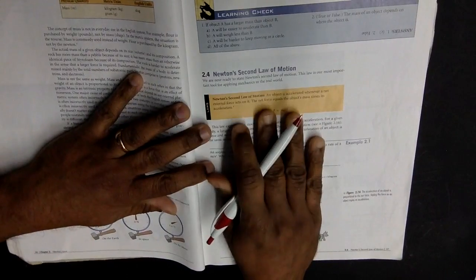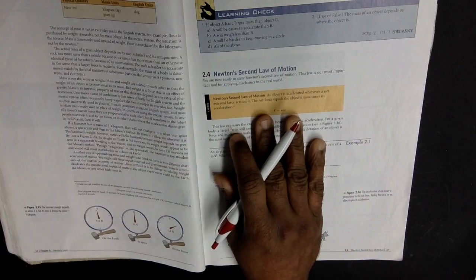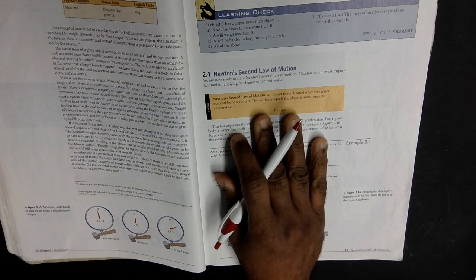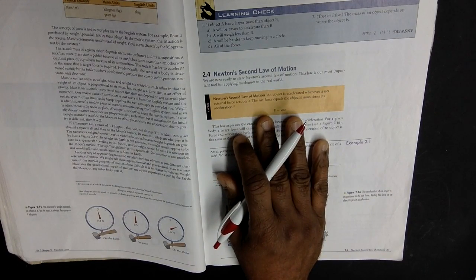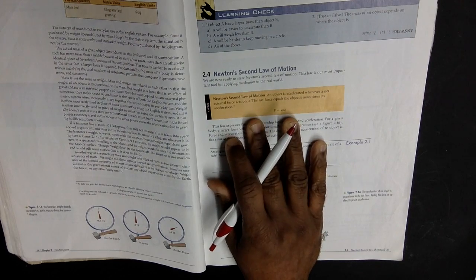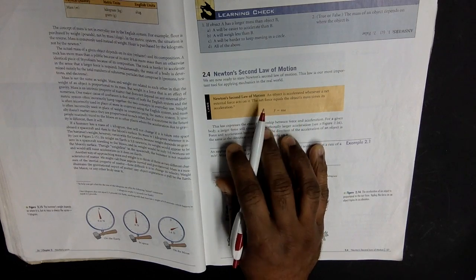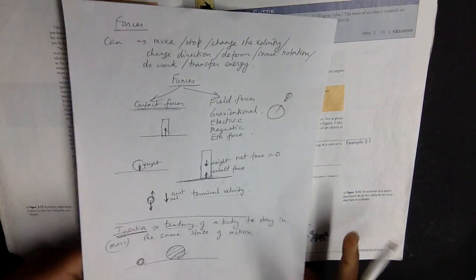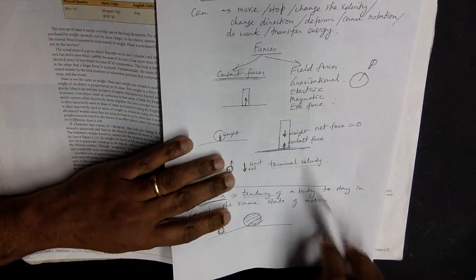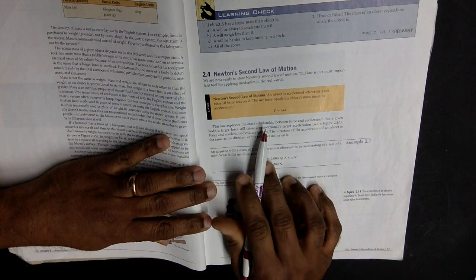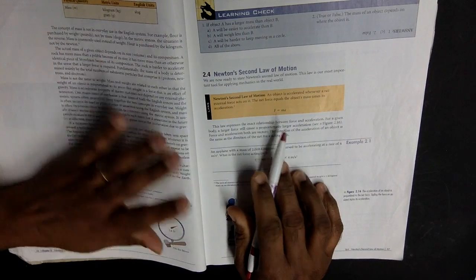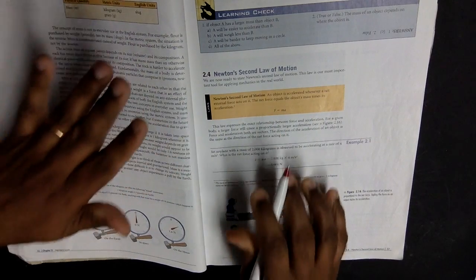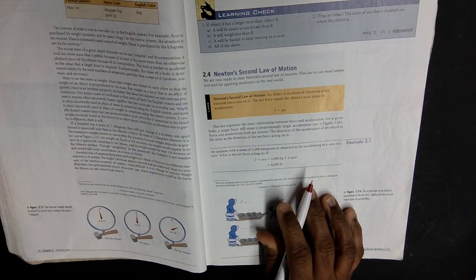All right, so the second law is kind of opposite of what the first law is trying to say. Remember again, the first law says when there are no outside forces involved, when the net external force is zero, the object should stay in the same state of motion.